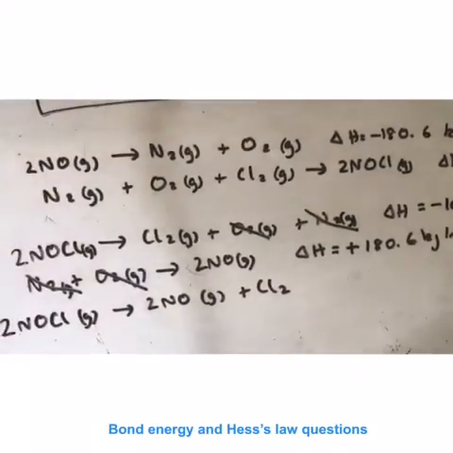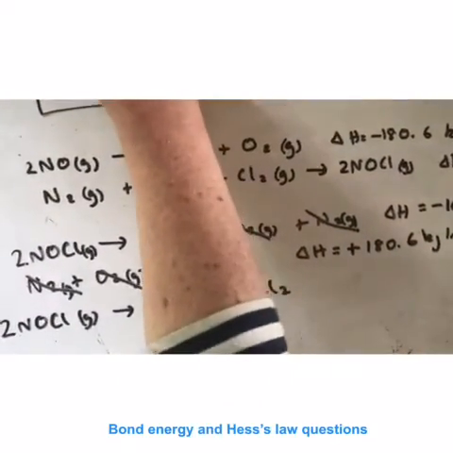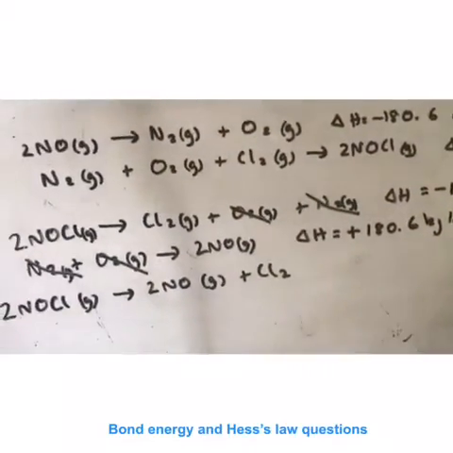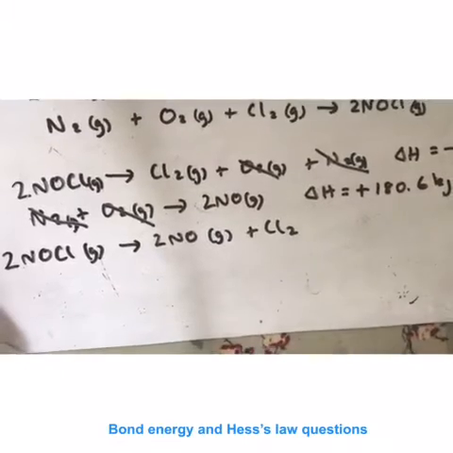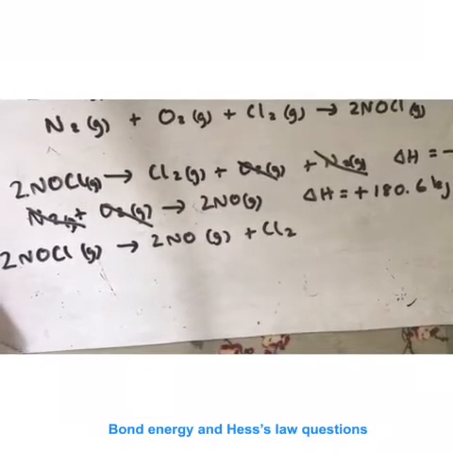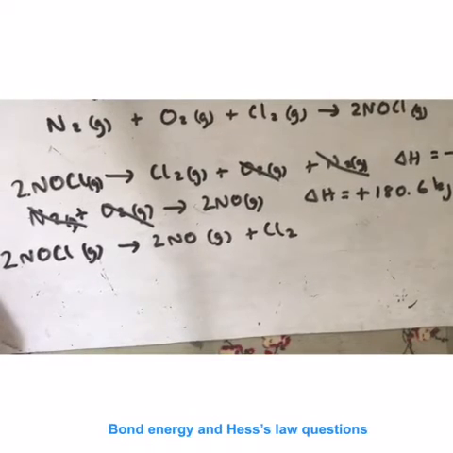So now what I'm going to have to do is add up my delta H's. So it's going to be minus 103.4 plus 180.6. Let me see if I've done that right.